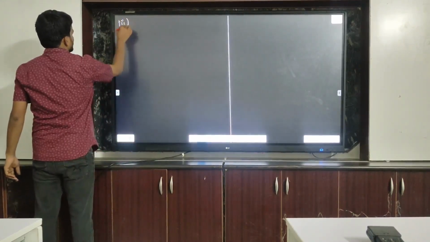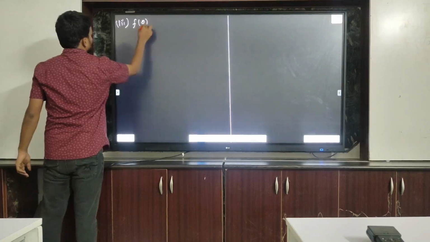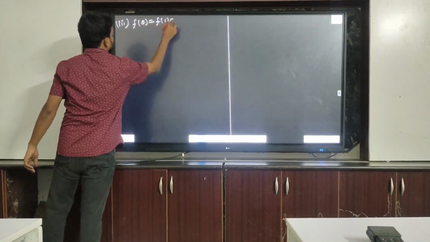That is, f of 0 is equal to f of 1 is equal to 0.